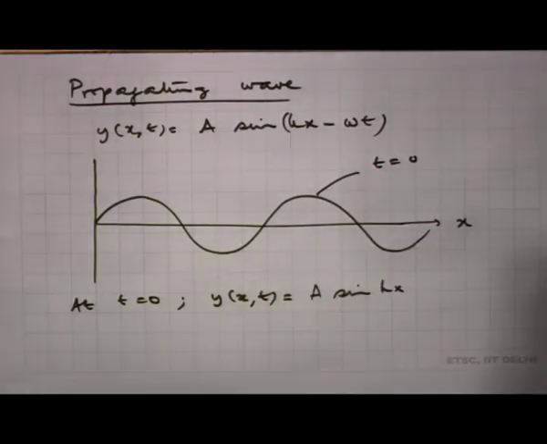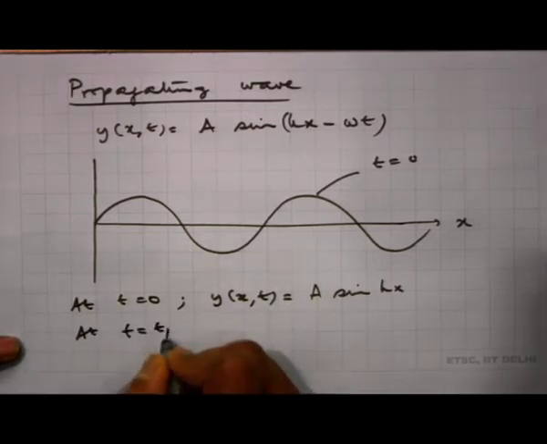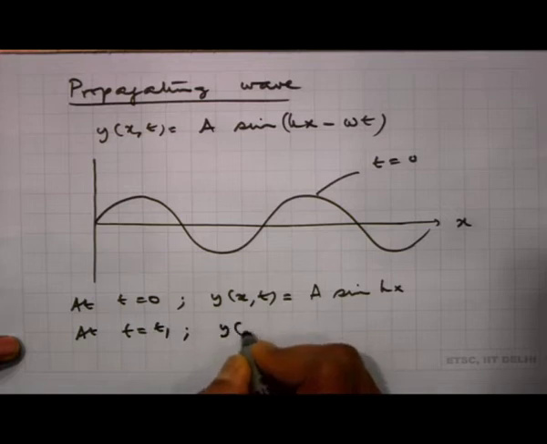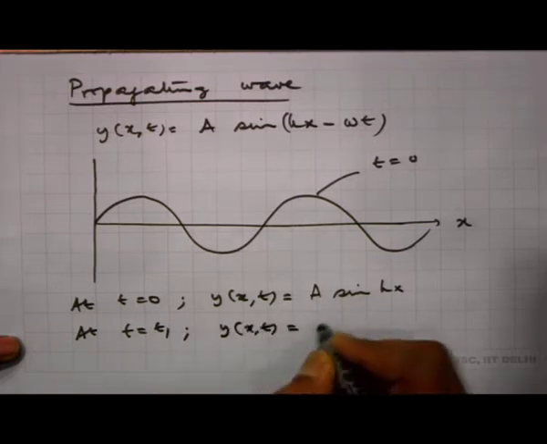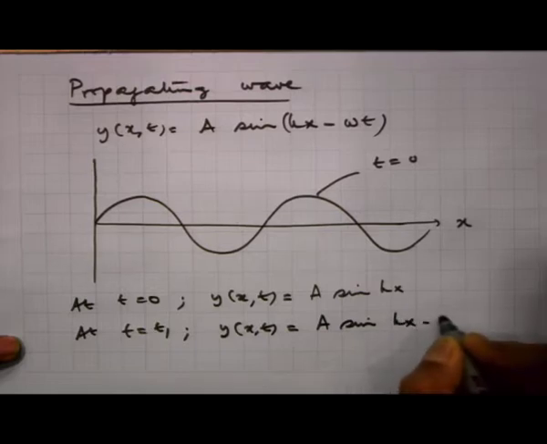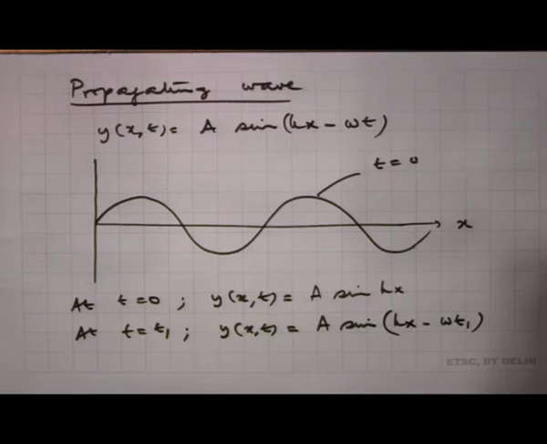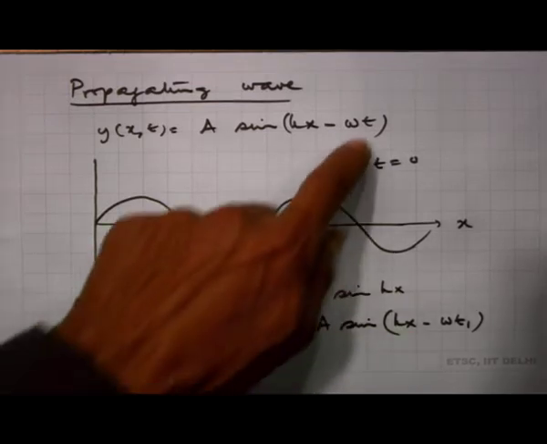Now, at a slightly later time, say t equal to t1, y of x, t will be A sin(kx minus omega t1).